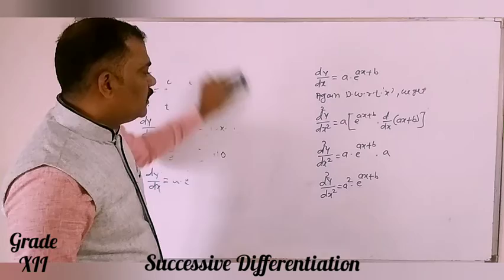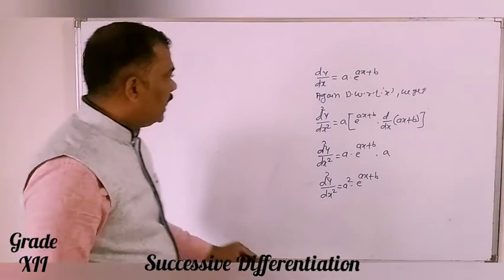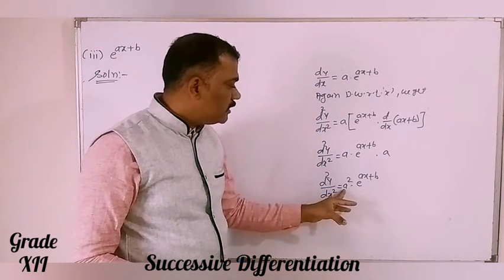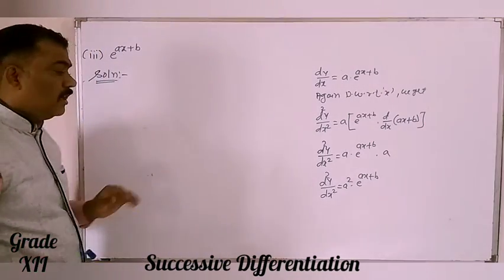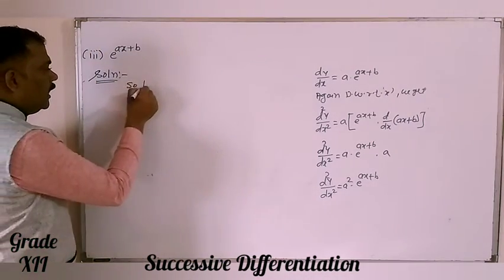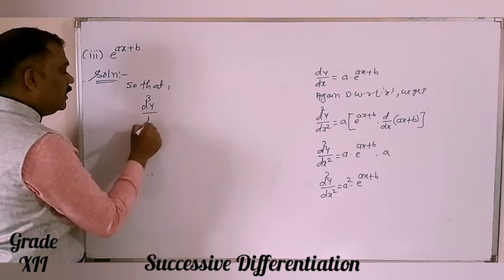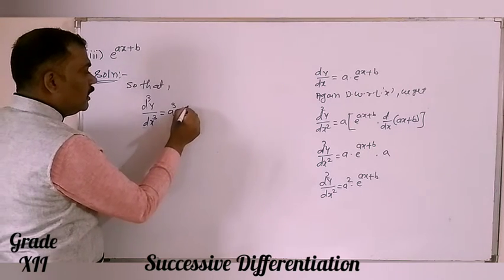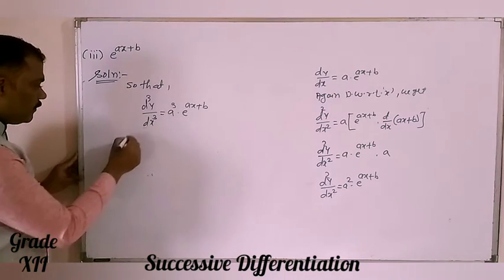If we observe the first order derivative and second order derivative, we see a pattern. In the first order derivative the power of a is 1, in the second order derivative the power of a is 2, and e raised to ax plus b remains as the given function. So we can write the third order derivative as d3y by dx raised to 3 is equal to a raised to 3 into e raised to ax plus b, and so on.